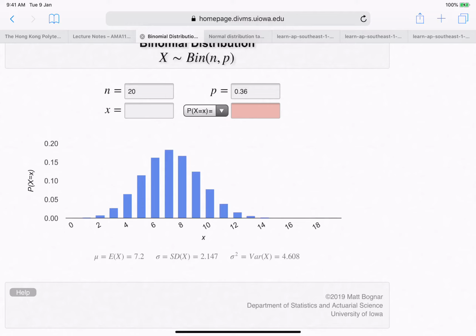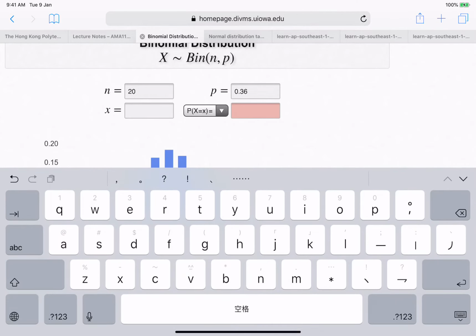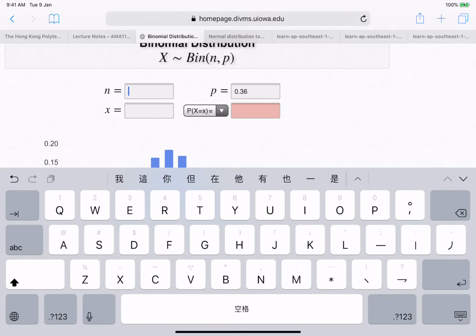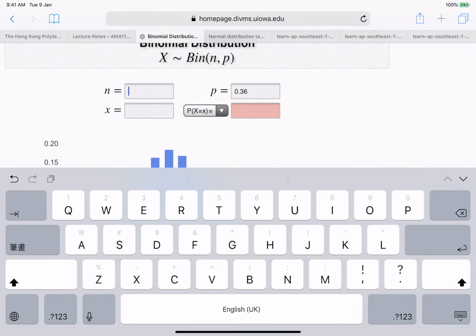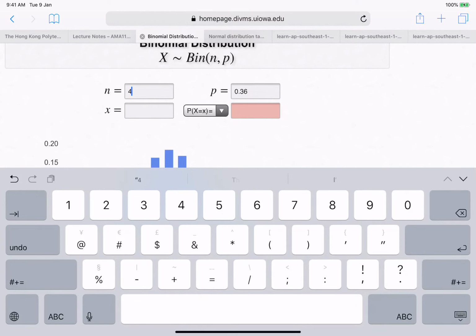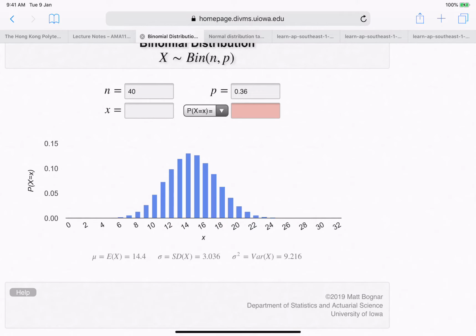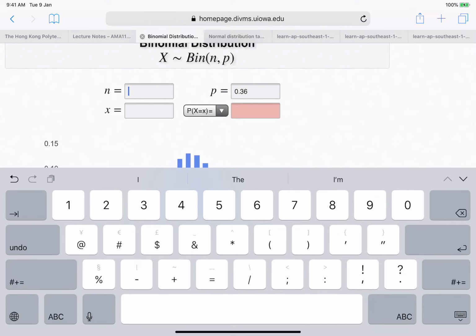Let's double it now to 40. This is our binomial distribution for the cheating coin. And then let's increase it from 40 to 80.